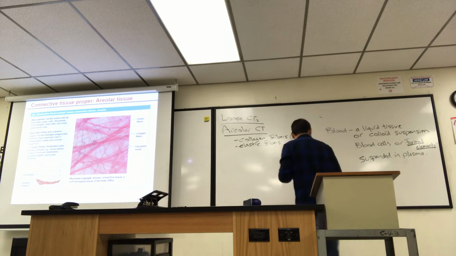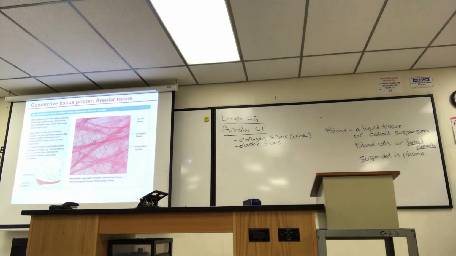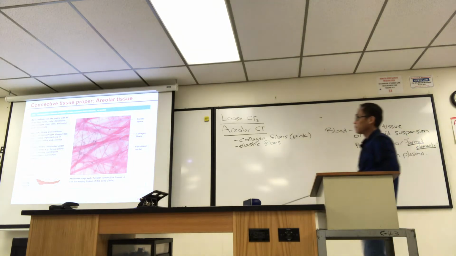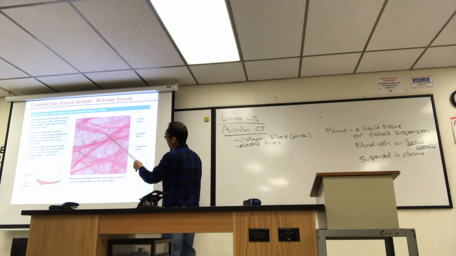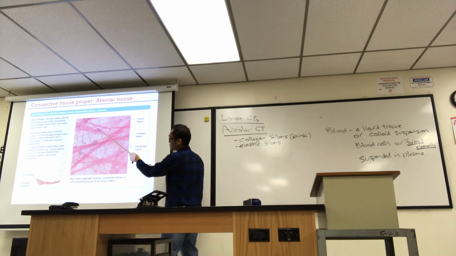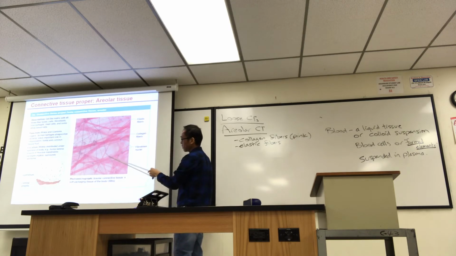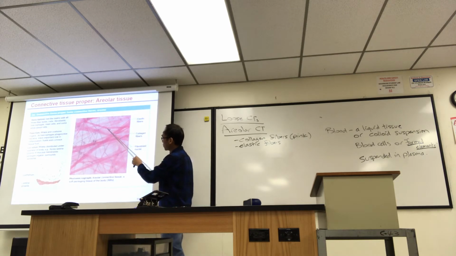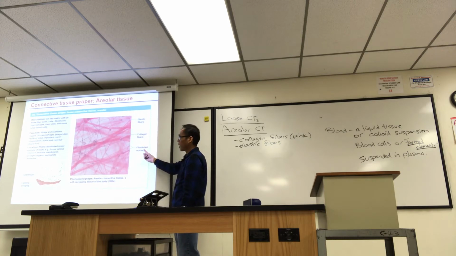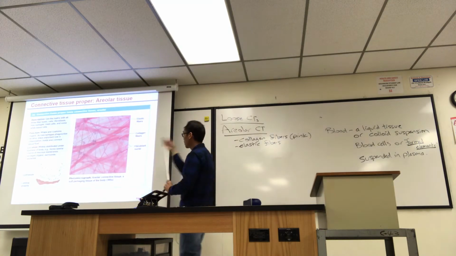And let me get my pointer so I can point to things on the slide. Any of the pink strands is a collagen fiber, and any of those dark strands is an elastic fiber. And if you see any dark cell-looking structure, it's going to be the nucleus of a fibroblast cell. You should be able to recognize that too.